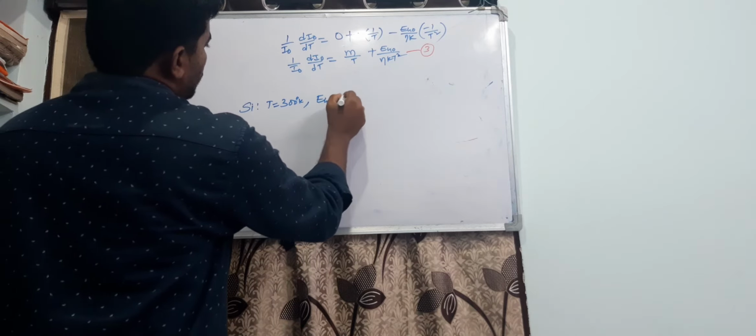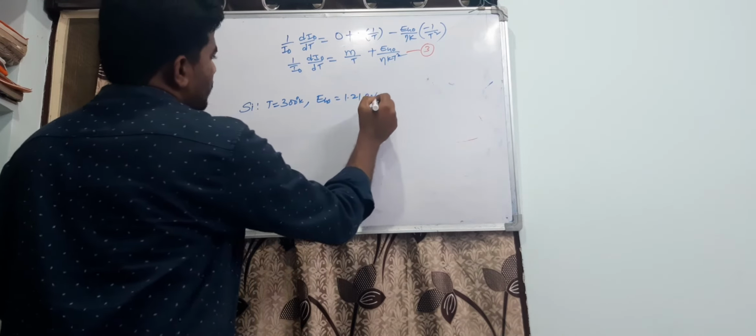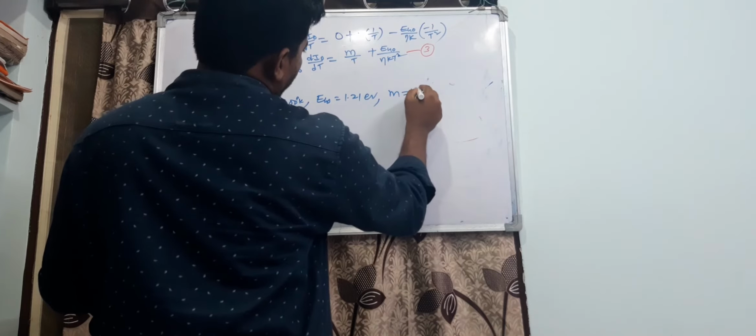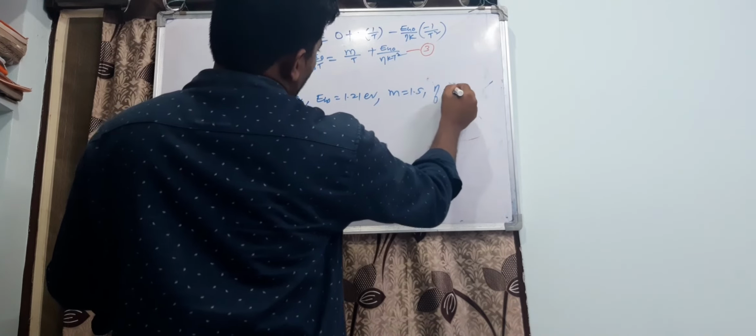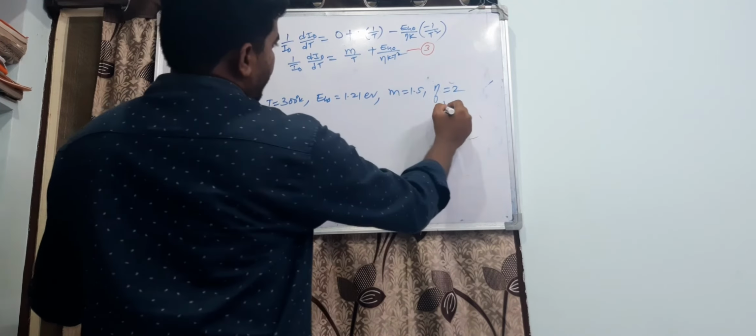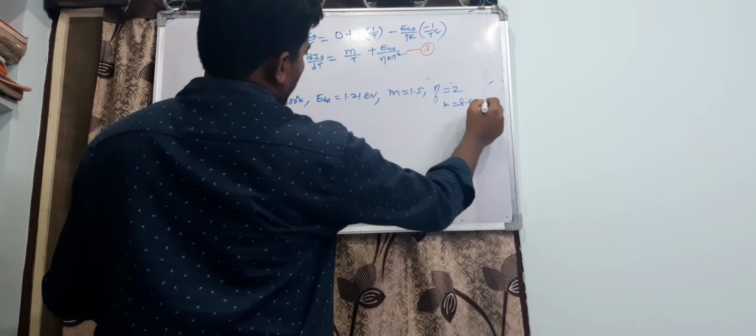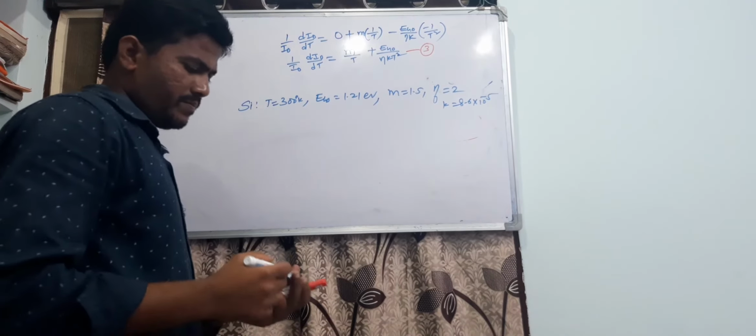Eg0 is equal to 1.21 electron volt, M is equal to 1.5, zeta is equal to 2, and K is equal to 8.6 into 10 to the power of minus 5.